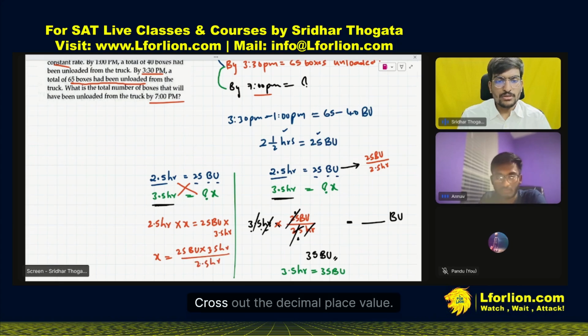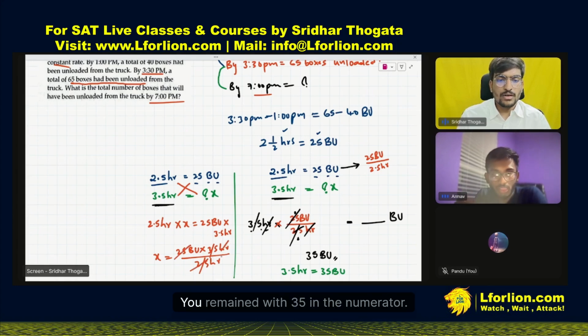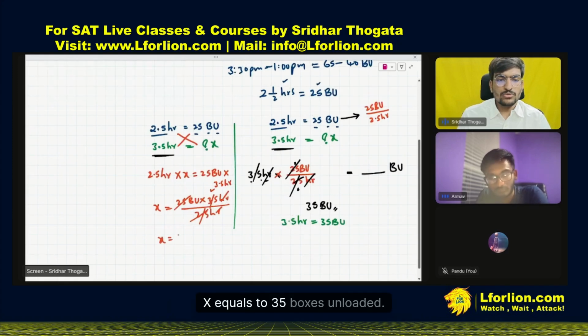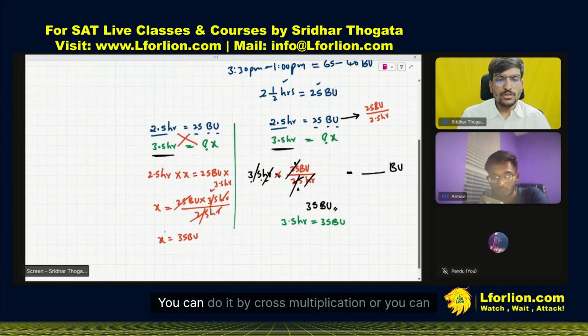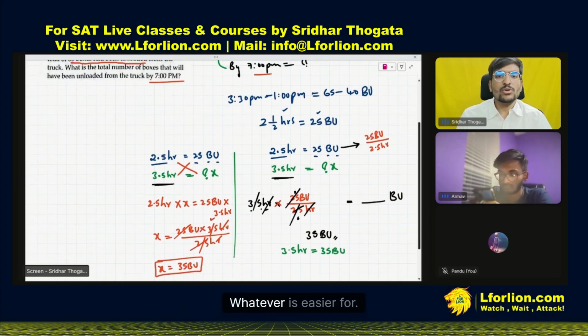It is the same again: cross out the same decimal place values, cross out 25 and 25 and hour, and you remain with 35 in the numerator. x equals 35 boxes unloaded. You can do it by cross multiplication or by the conversion factor method, whichever is easier for you.